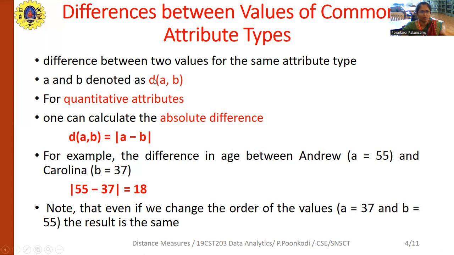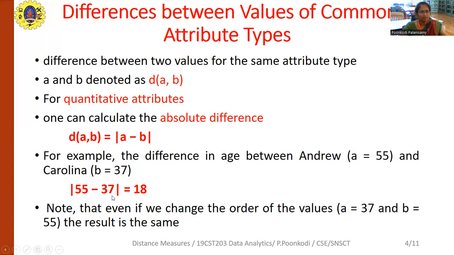So the difference between A and B is calculated as the modulo of A minus B. Consider the difference in age between Andrew and Carolina. The age of Andrew is 55 and Carolina is 37. So 55 is assigned to object A and 37 is assigned to B.